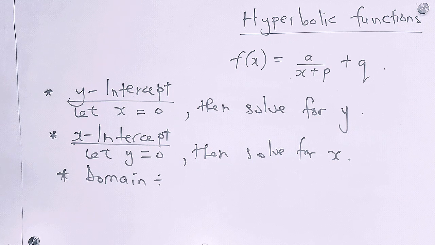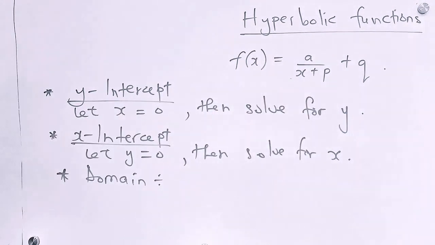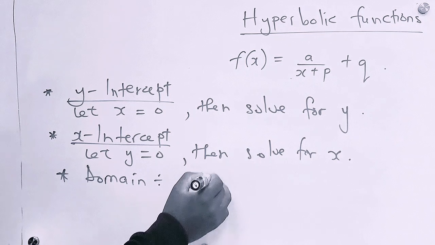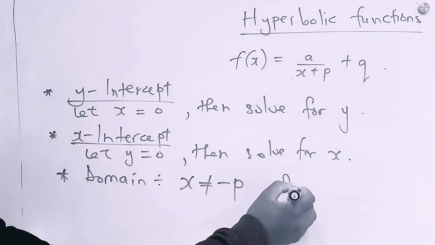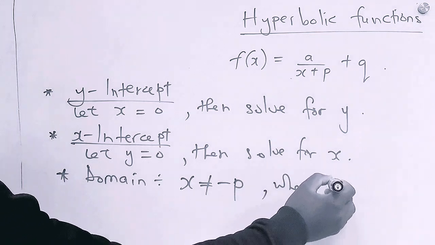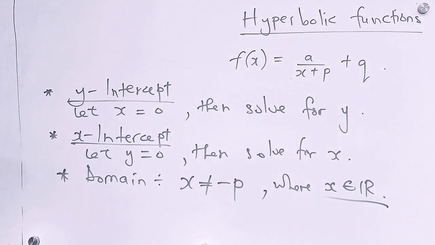Once x is equal to negative p, the denominator becomes 0, then it will be a over 0, which is undefined. So x is not equal to negative p, where x is an element of real numbers. This is how we find our domain.